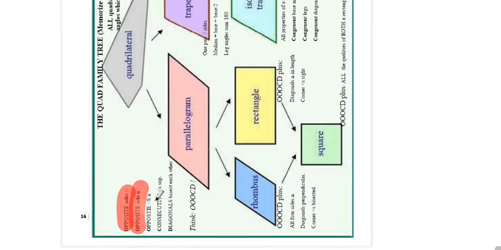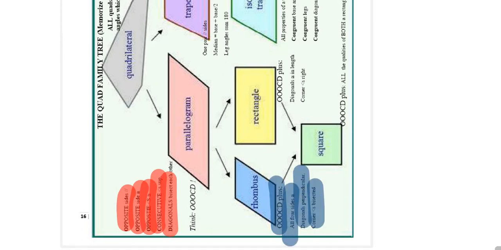What are the qualities of a parallelogram? What makes a rhombus a rhombus? What makes a rectangle a rectangle? And then, of course, what makes a square a square? Pause the video, look at your preview notes, take a close look at that for about 2 or 3 minutes, and then restart the video.